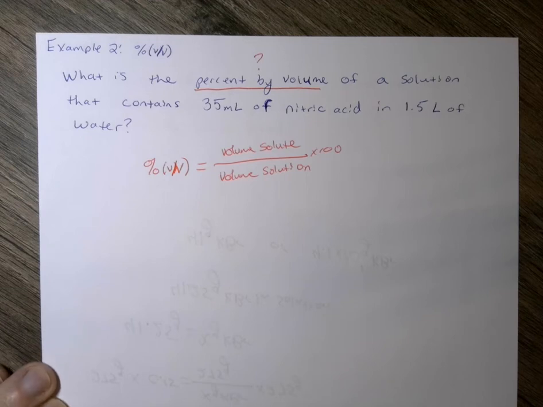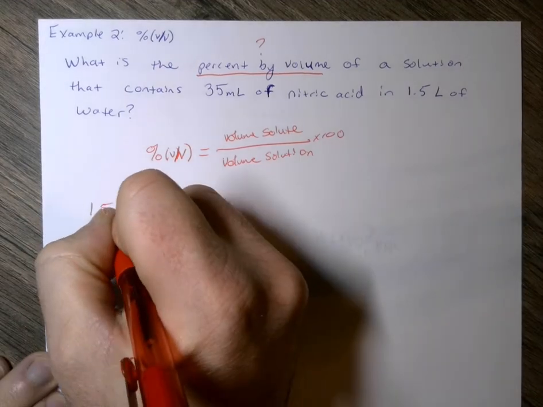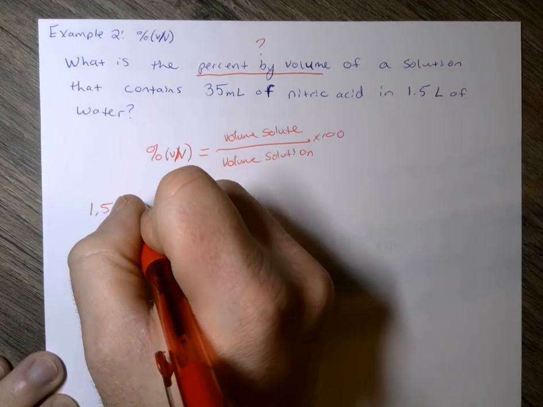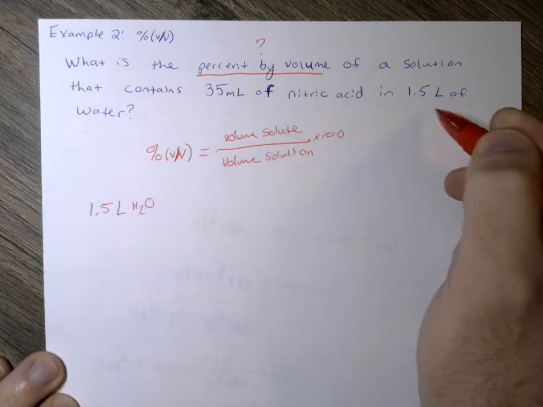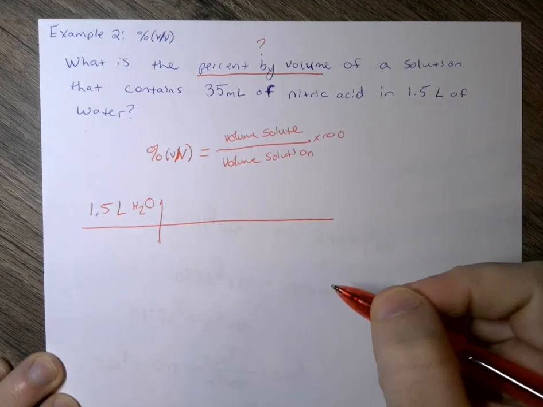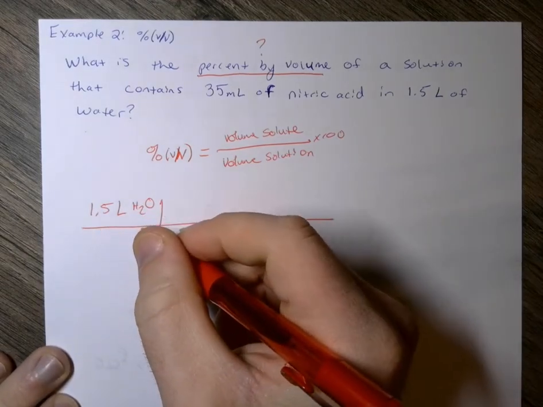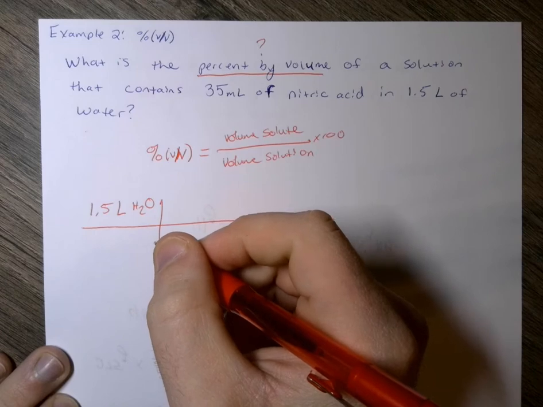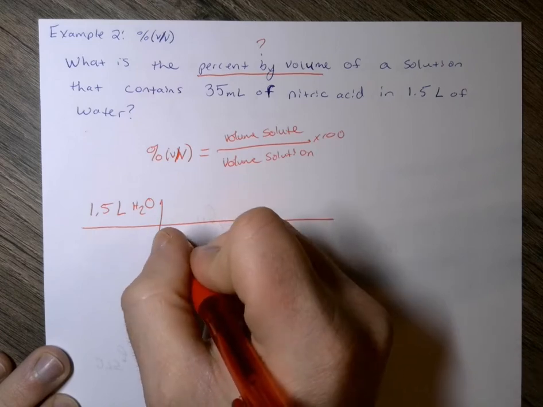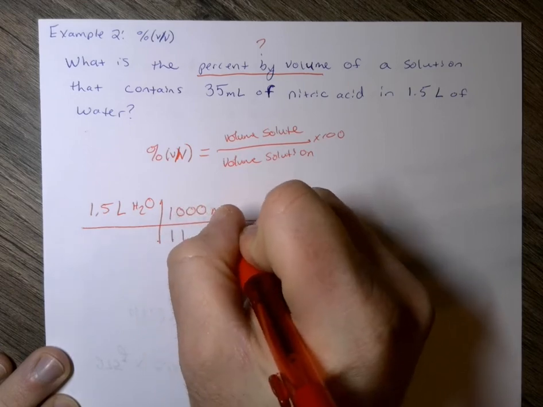So if I were to change liters to milliliters, then I would take my 1.5 liters of H2O, because that's what it says, of water, and I would convert that using my conversion factors that I know. Well, I know that according to SI units, if I have 1 liter, I have 1,000 milliliters.